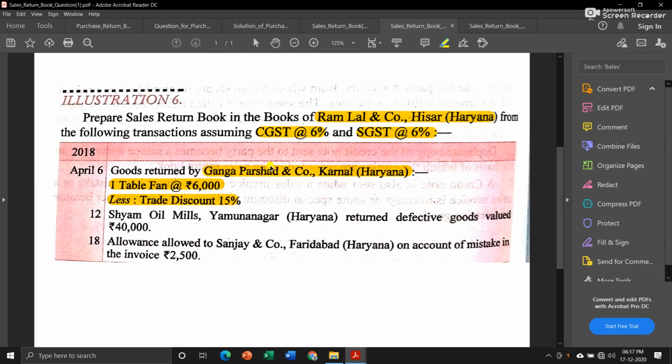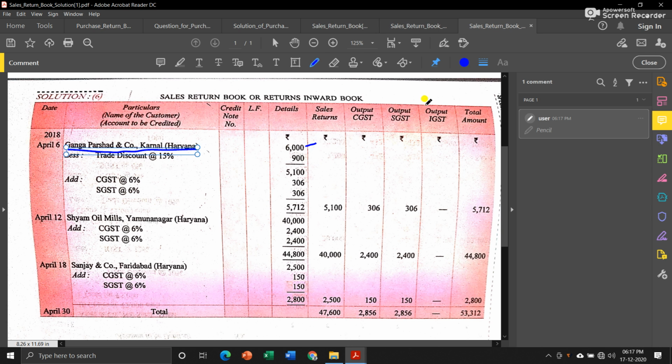Then there is a trade discount of 15%, and 15% of 6,000 is 900, so after deducting we get 5,100. Since the supplier and our business, the customer and our business, are in the same state, Haryana, it is an intrastate supply, so we will charge CGST and SGST at 6% each, so we get 306 for each GST, and altogether we get 5,712. Accordingly we will write the individual amounts in the columns.